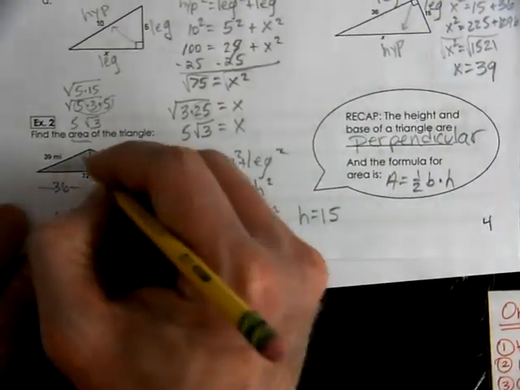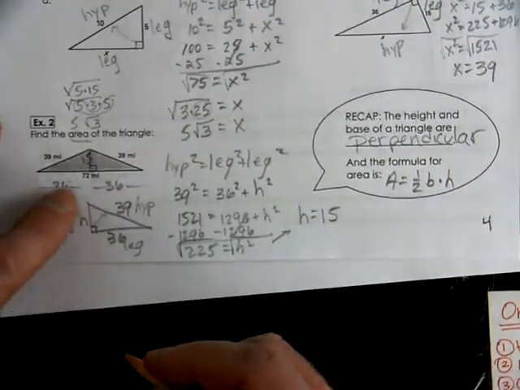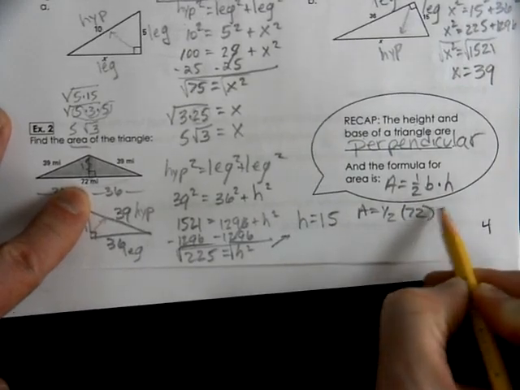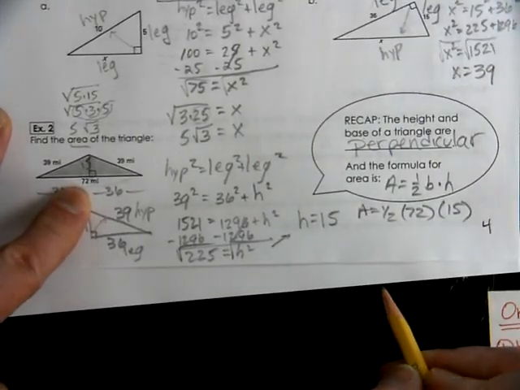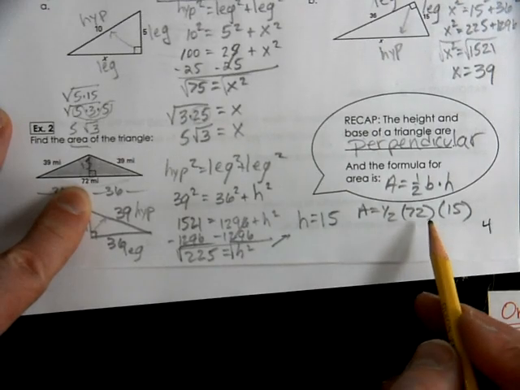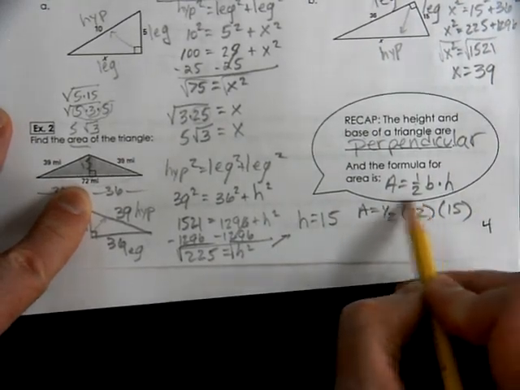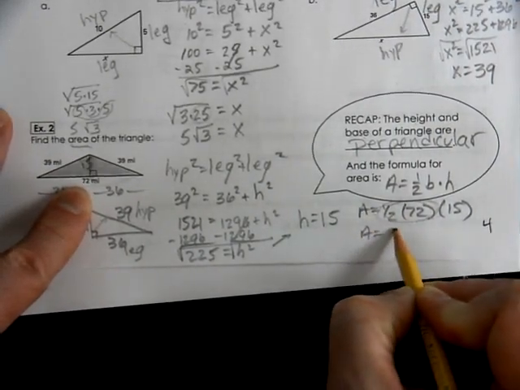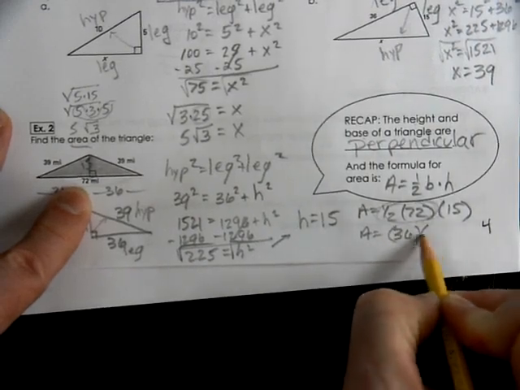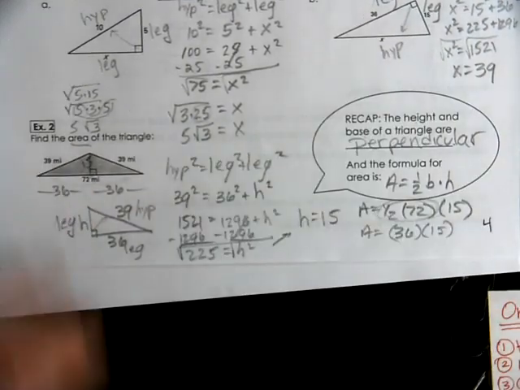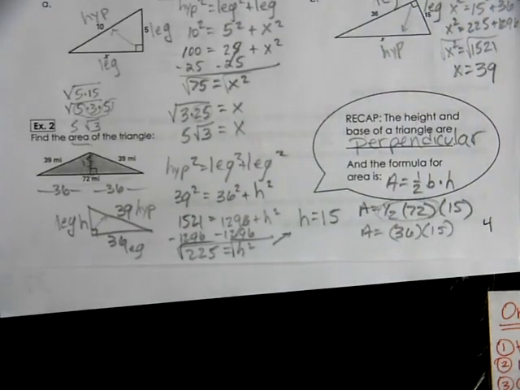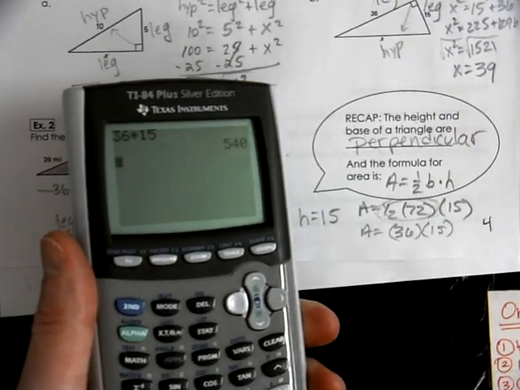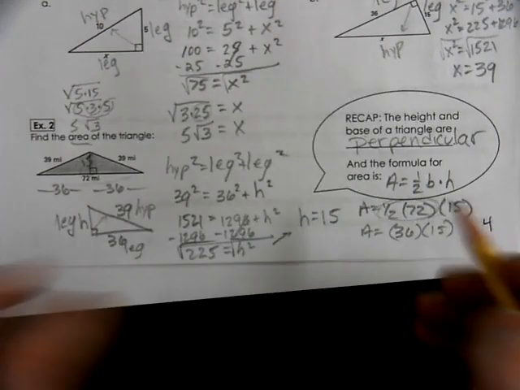So if the height is 15, we can now find the area. Area equals half the base times the height. Now you can multiply the 72 and the 15 together, or you could take half of the 72 and multiply those two together. 36 times 15, we get 540.